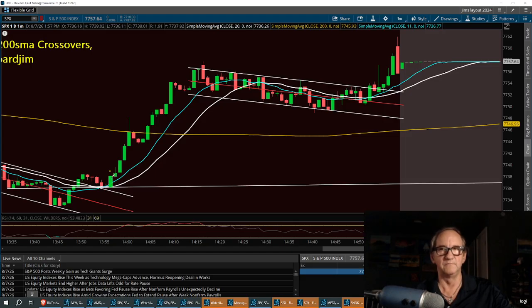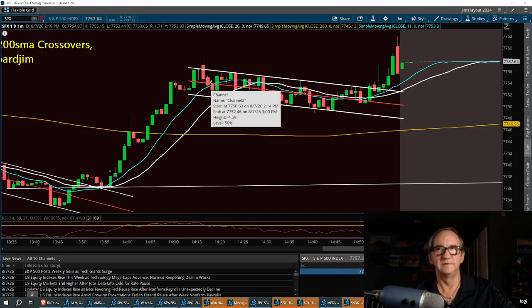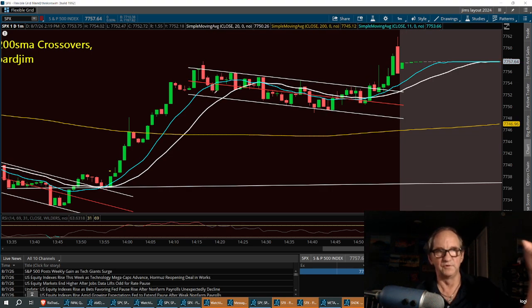This week, I'm going to stay in that trade, run it up to the 200, maybe scale out. As long as I'm keeping above that 10, I'm going to hold that stock. Then once I break down below the 9, the 10 SMA, I'm going to pull the trigger. I don't care. I'm going to get out of the trade, lock all that in, because that's the first indicator that this is going to be a pullback.